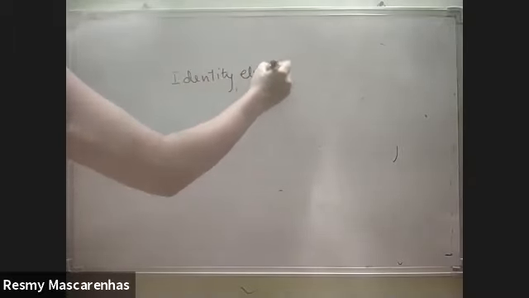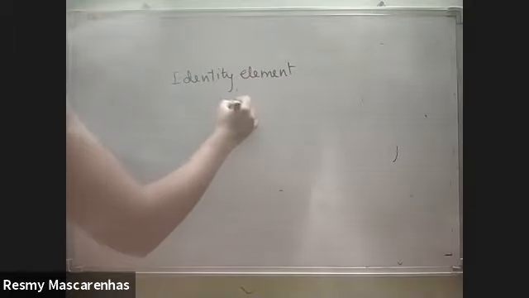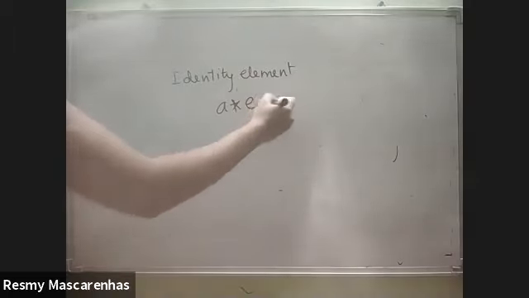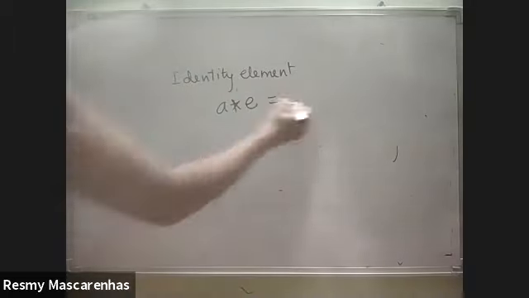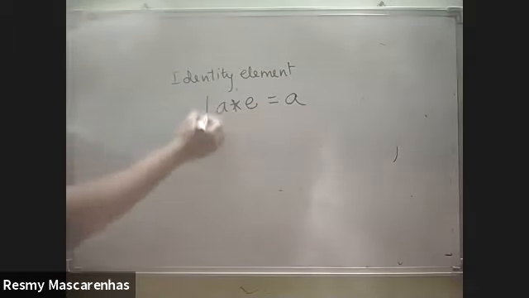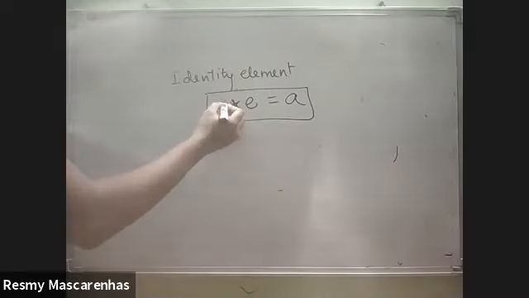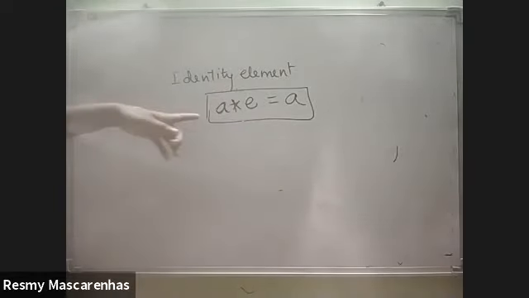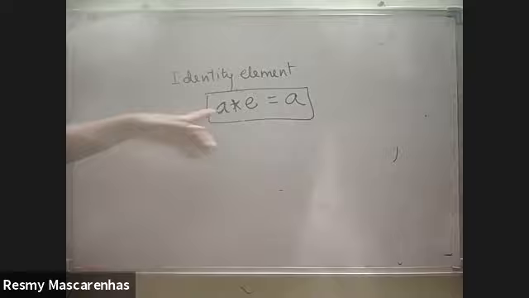For the identity element, this is the condition: A star E will be equal to A, or E star A, either one. So if they ask you to find the identity element, you have to write this first and then do some calculations, which I will show you.